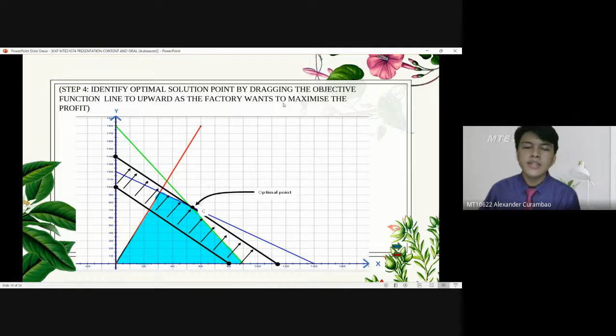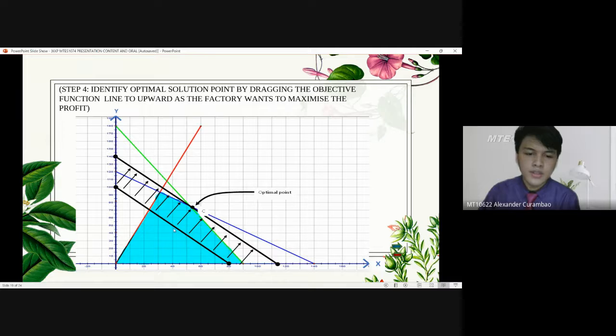So since the factory wants to maximize the profits, we need to drag it upwards until the last corner vertex.